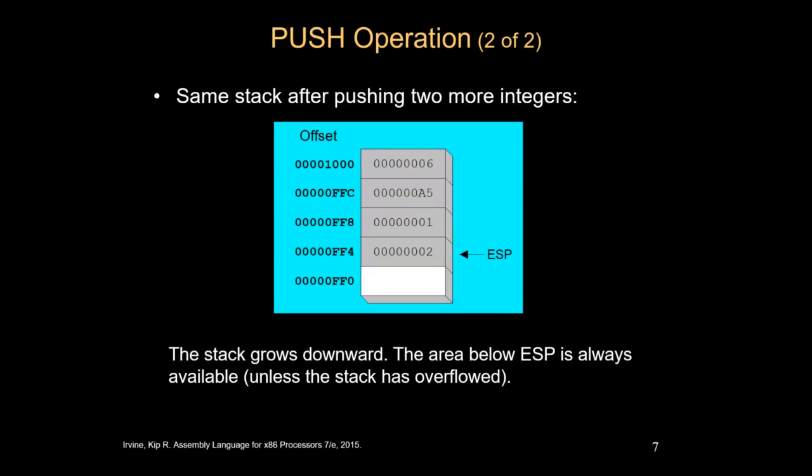C minus 4 is 12, minus 4 is 8. And then 8 minus 4 will be 4. Hence you see now the ESP is pointing to the last added value, which is 0, 0, 0, 0, 2.